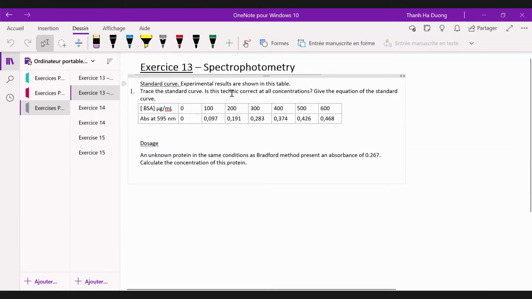So trace the standard curve and tell me if this technique is correct at all concentrations. And after, you have to give me the equation of the standard curve. You can use your computer and whatever software you want, and you have to tell me what is the concentration of the unknown proteins.